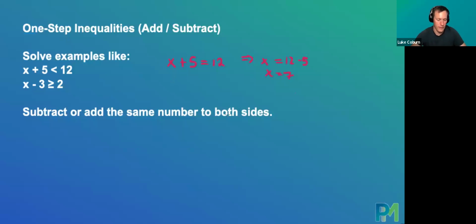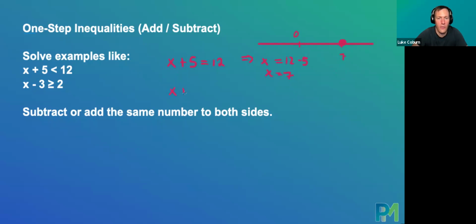Now, if we were to plot this number onto a number line, we just draw a number line, and then we'd have our 0, and then we'd have our 7. You'd never do this, but you can just make a big dot there where 7 is to represent that. Now let's consider how this would change if it was an inequality.